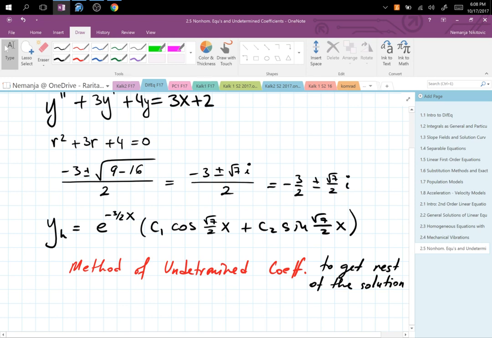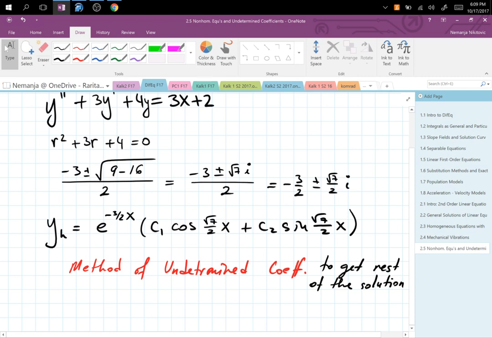I don't like that this part is called particular, and then you add it to the homogeneous to get the general solution, and then if you have initial conditions, you get a particular solution again. But such is life. Way too many people work on this.